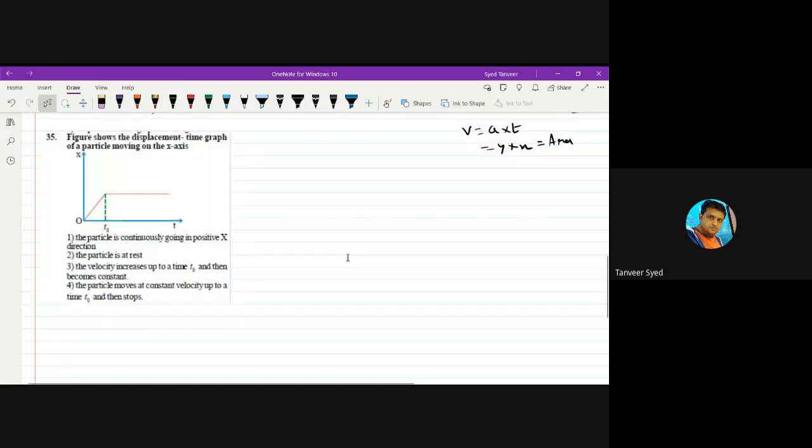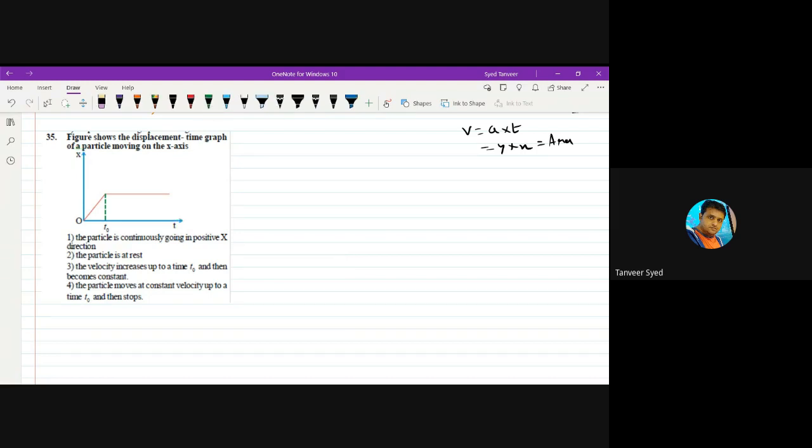The figure shows displacement time graph of a particle moving on x-axis. If you get any question on graph, the first point that you should understand is what quantity is taken on x-axis and what quantity is taken on y-axis. Then you look at the shape of the graph.